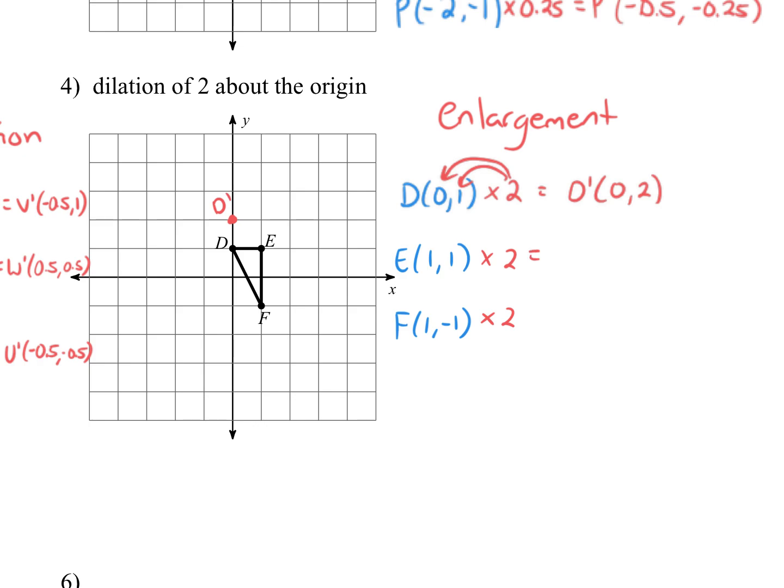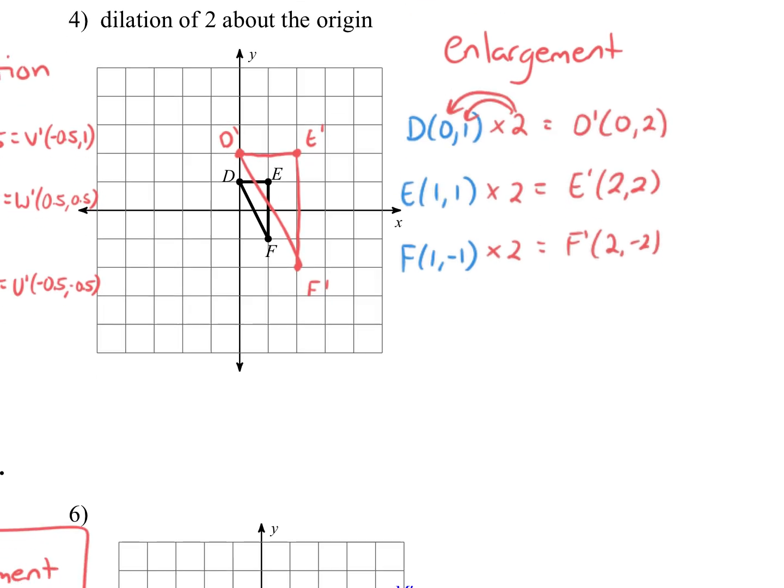What about E? 2, 2. And then F prime is 2, negative 2. Ends up here. Again, we're centered around what? The origin. So all these dilations are happening around the origin. Any questions about performing the dilations?